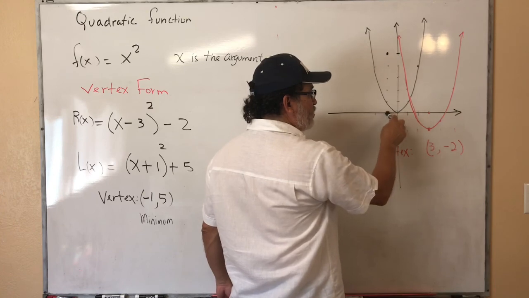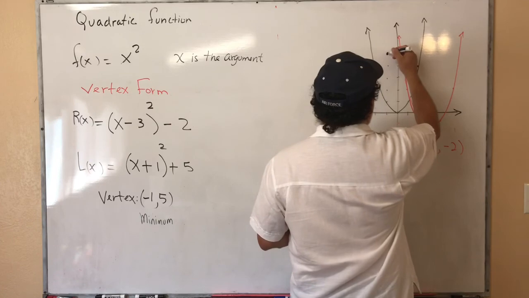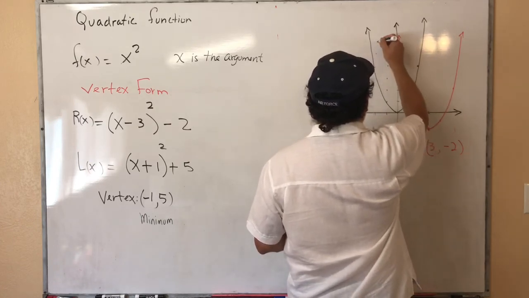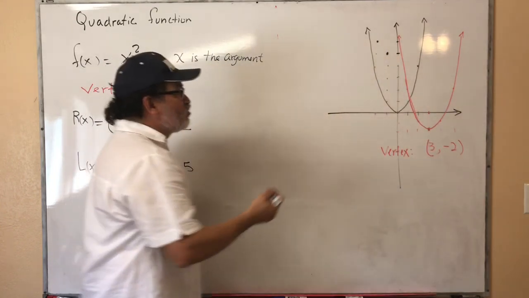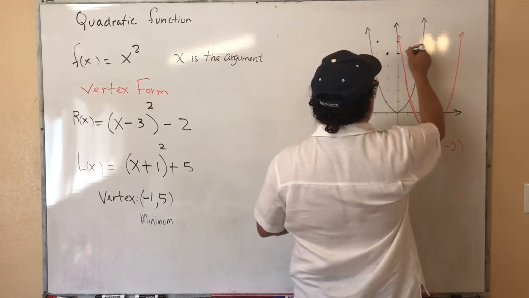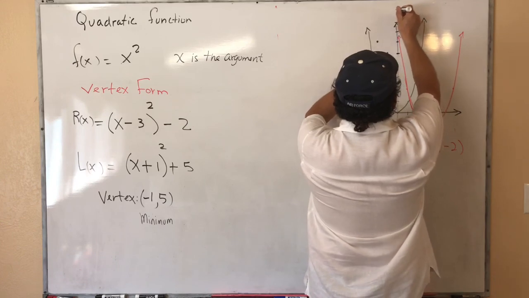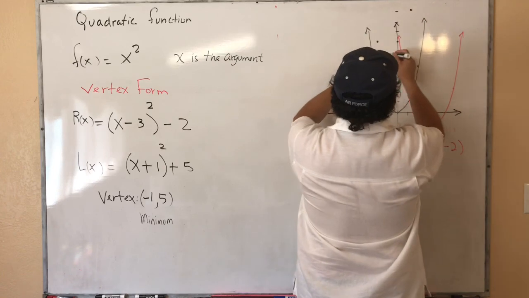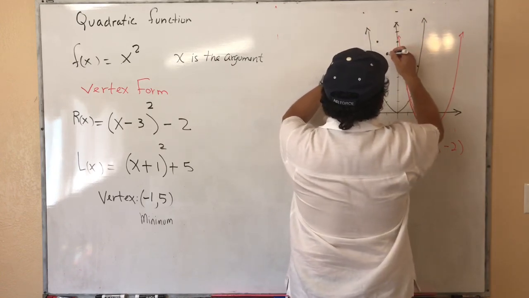One to the left, one up, you land on the graph. Twice to the right, how many up? 4: 1, 2, 3, and 4. Twice to the left, how many up? 4. And this is the new parabola.